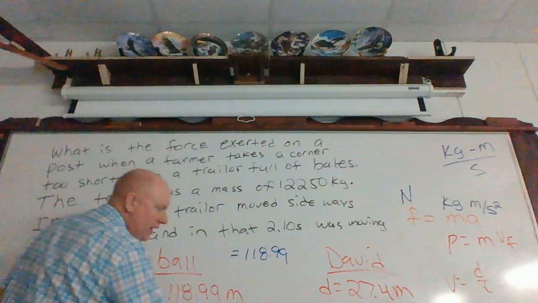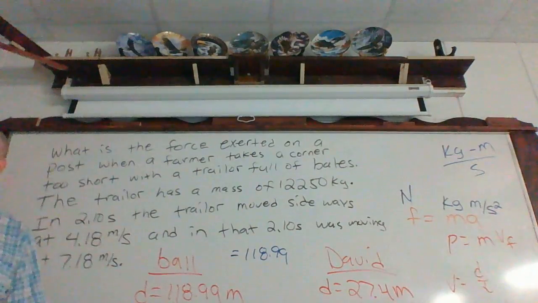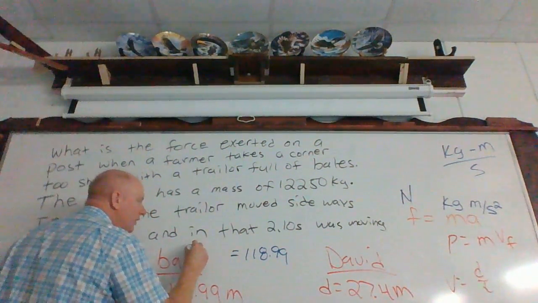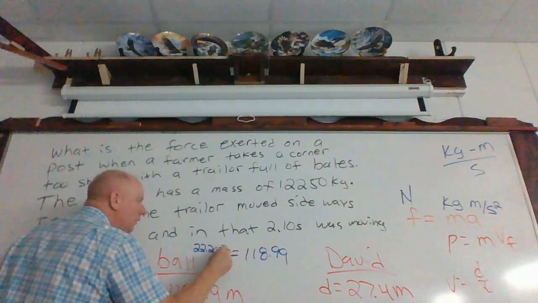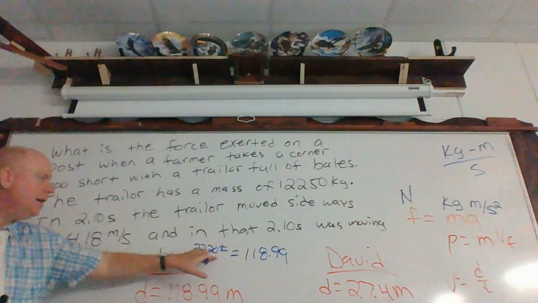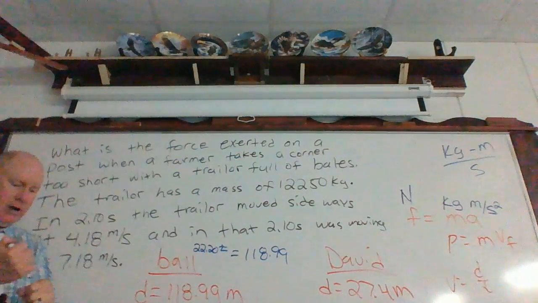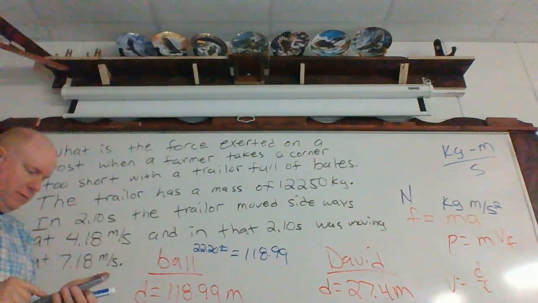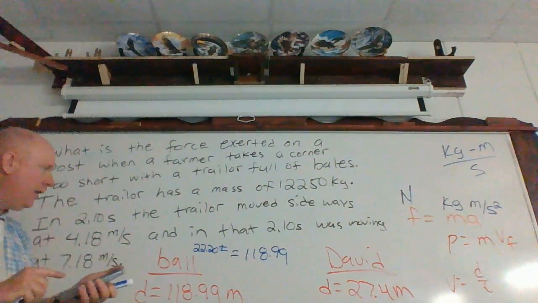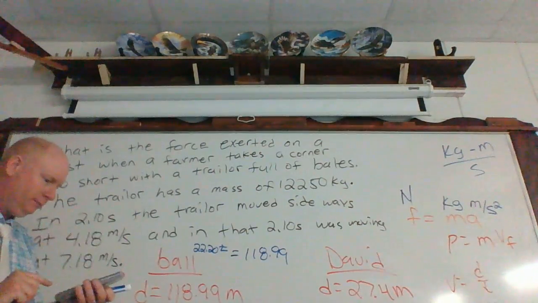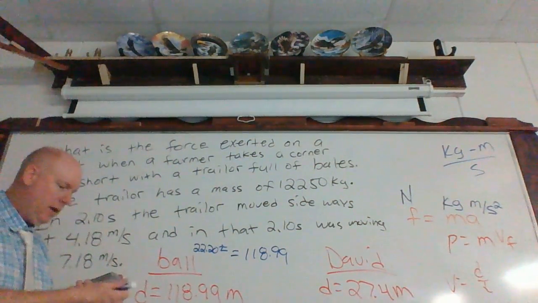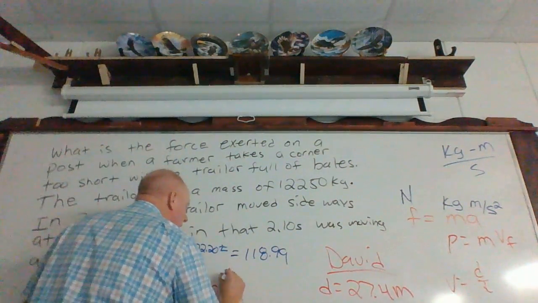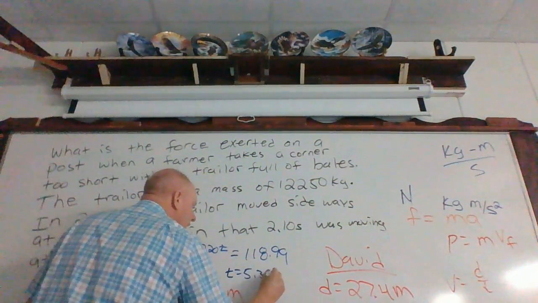What is a number times a variable? The number and the variable, 22.20t. So here we're multiplying. How do we undo that multiplication? We're going to divide. So 118.99 divided by 22.20, 5.36 seconds. Time equals 5.36 seconds.